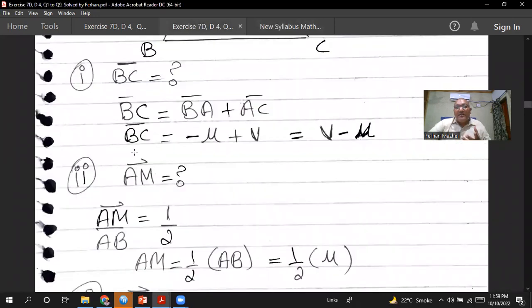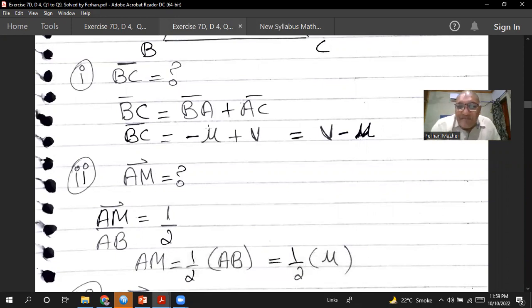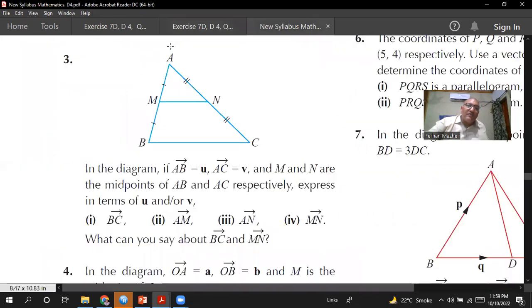I write the ratio between them: AM by AB, AM is 1, AB in the ratio is 2. So AM will be equal to 1 by 2 into AB. I know the value of AB, that is U, so it will be 1 by 2 U. This is how you find the AM value.